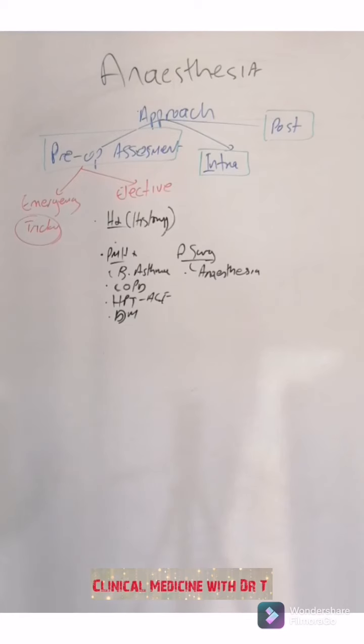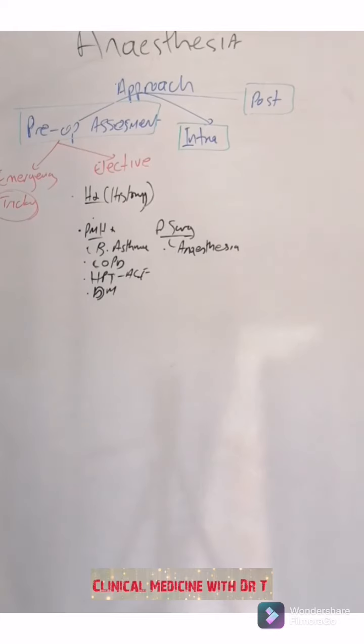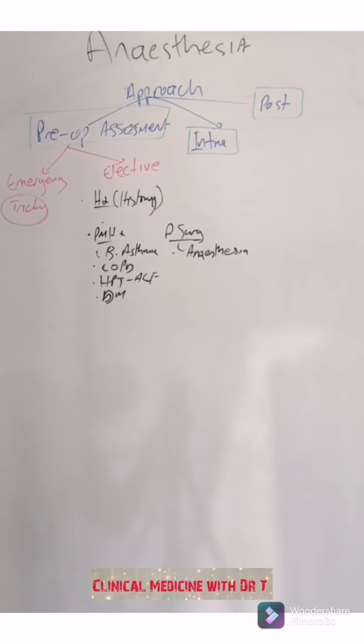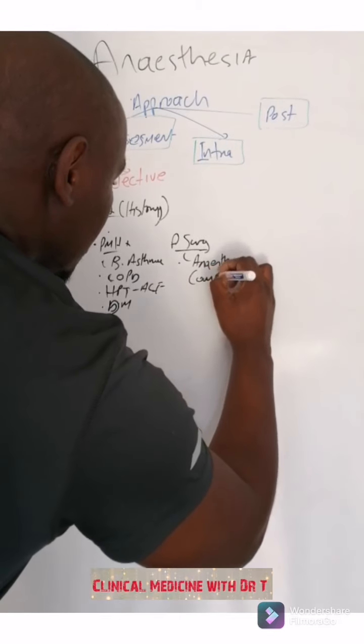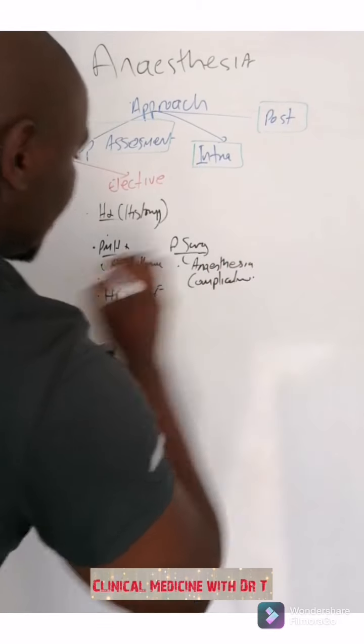Did you get an injection on the back? That would be spinal. And were there any problems with that? Then they will tell you. Or they'll tell you, no, I don't know, they just told me that they're gonna knock me out and I'm gonna be sleeping, and that's a GA. Now you're gonna ask them, were there any complications with that?